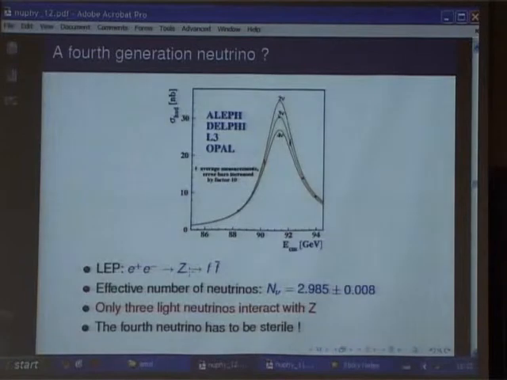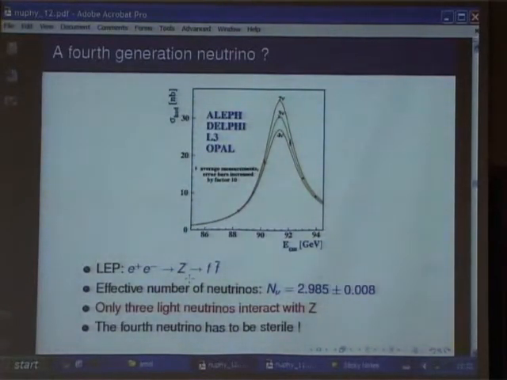And the rate at which it decays tells you about the line shape of Z. If you just look at the cross section of this process, you will get a nice peak around 91 GeV, which is the mass of Z. These 4 are the 4 experiments at LEP. This is the combined measurement. Now, of course, this Z will also go to nu e nu e bar, nu mu nu mu bar, nu tau nu tau bar.